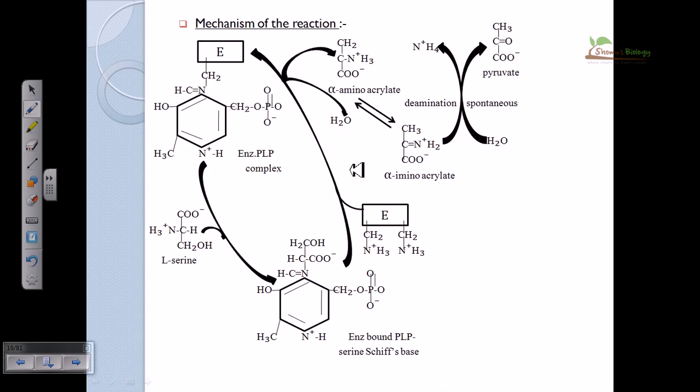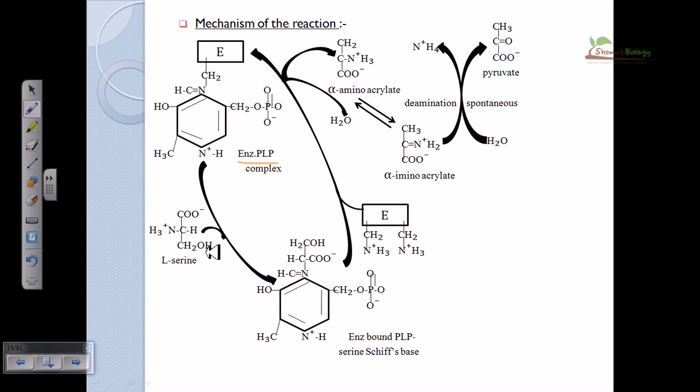Okay, so this is a complex mechanism of the reaction, how the reaction is actually working, complex in PLP. Now I'm not encouraging you to memorize these structures, because it's completely undesirable, but the thing you should know is the role of PLP in this case. PLP is doing its great job in that this enzyme will be released in this particular step, and the PLP will hold on to this L-serine group in this place.